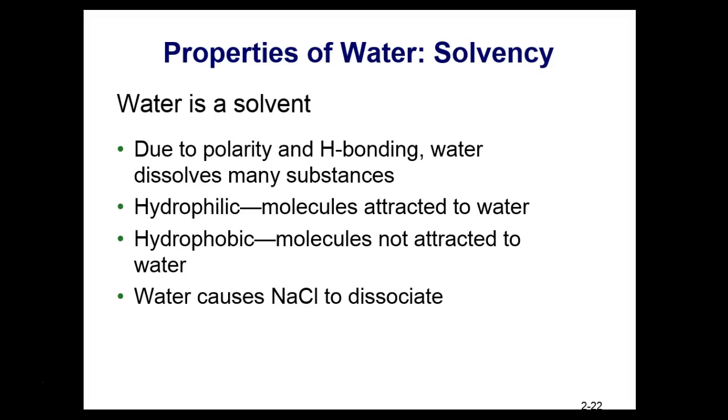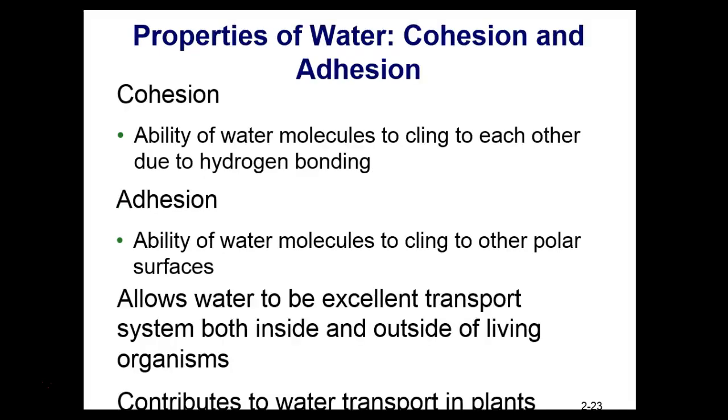And water causes sodium chloride to dissociate, which means that when you put table salt in water, the two elements or atoms or ions are going to separate from each other, which is why salt is able to dissolve in water.